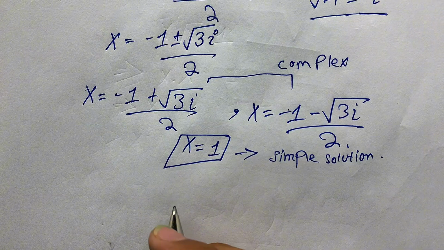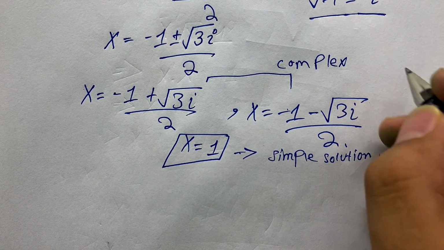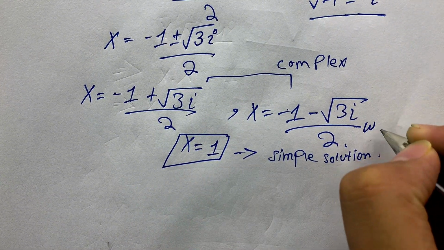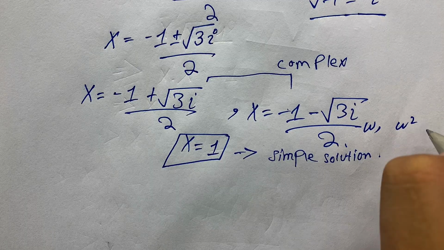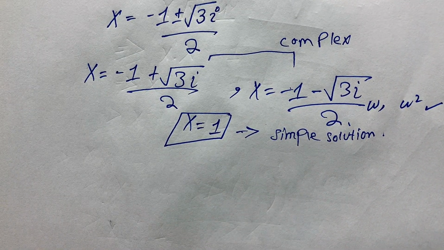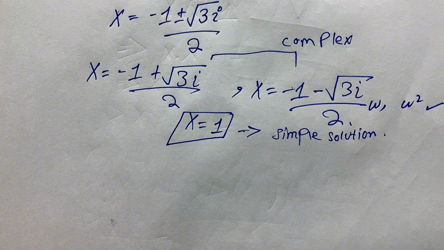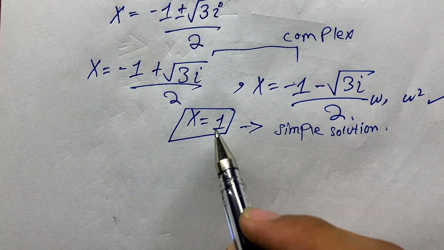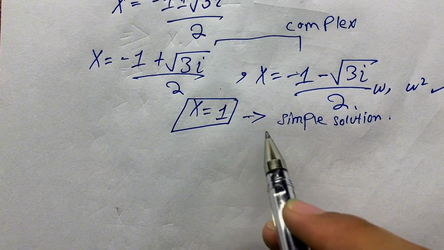So this will be w and this w square. So this is our three values of x.